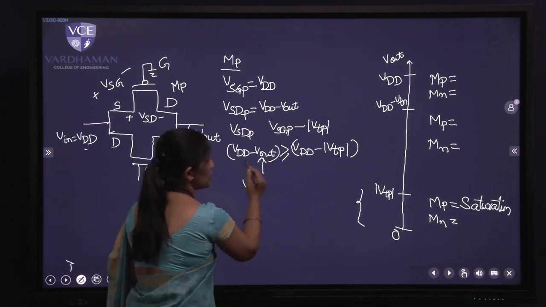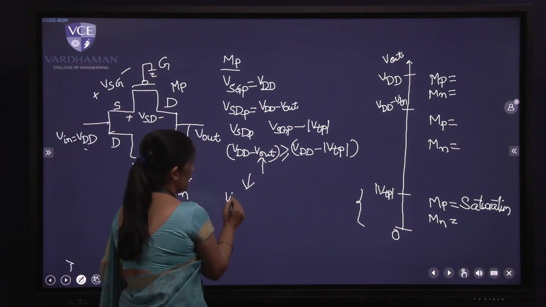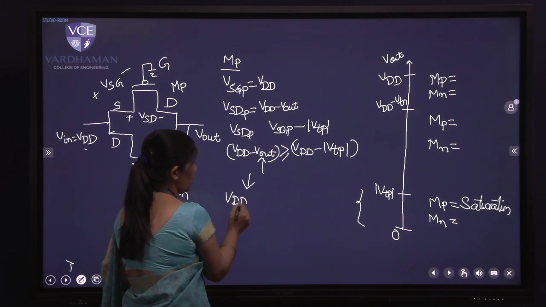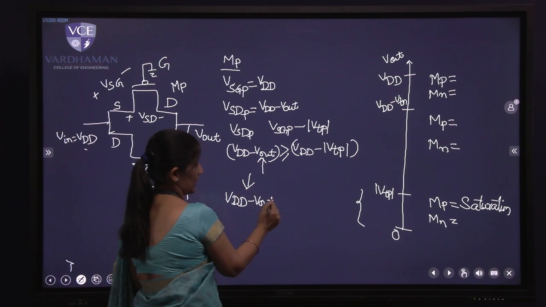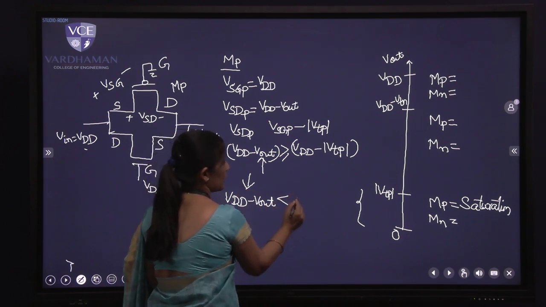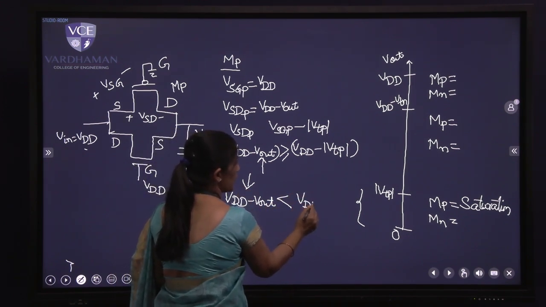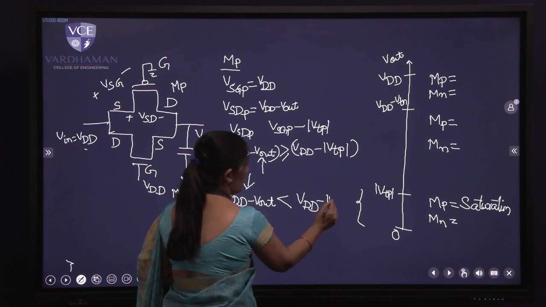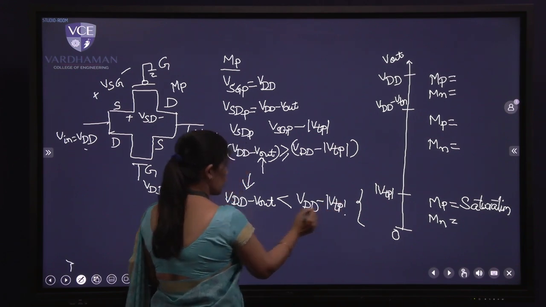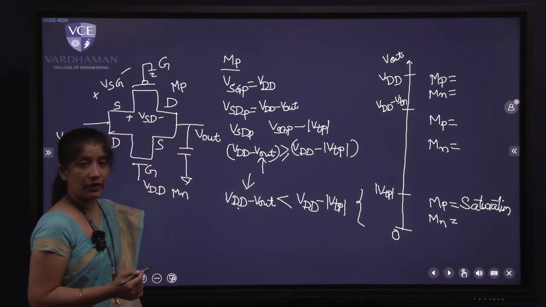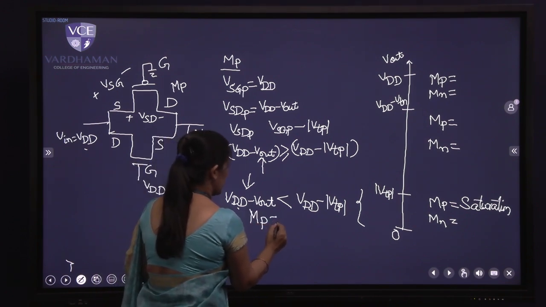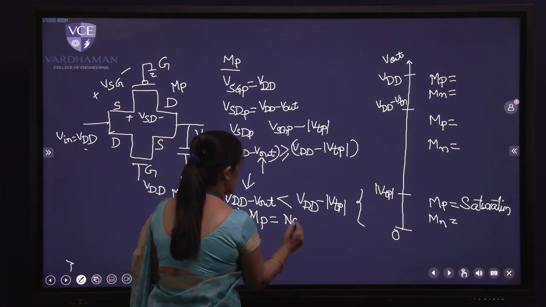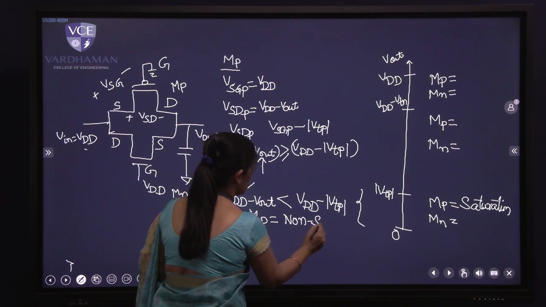So the relationship will be, VDD minus Vout, when output is increasing, will be less than the right side term, which is VDD minus mod VTP. So obviously when this condition is satisfied, I say that my transistor MP has entered into non-saturation region.